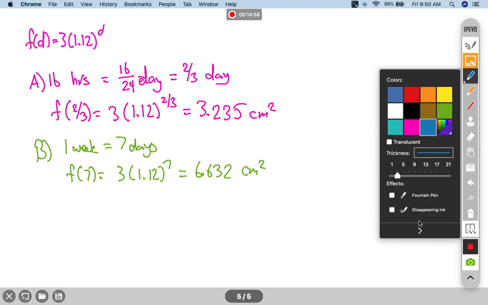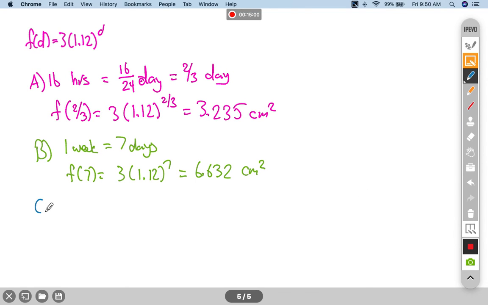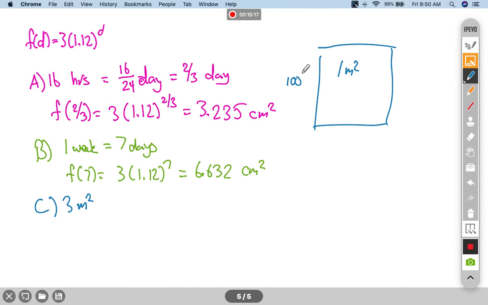Let's go here. For C, we want to get 0.23 square meters. Now the first thing you have to remember is if this is 1 square meter, that's 100 centimeters by 100 centimeters. So this is going to be 10,000 square centimeters.